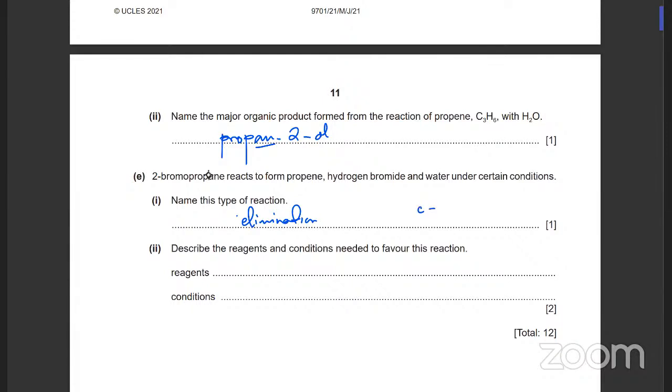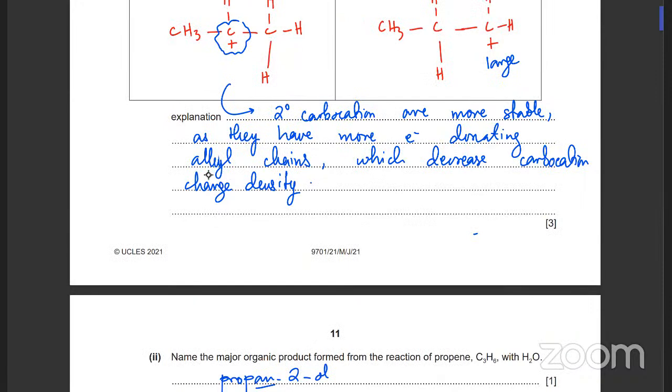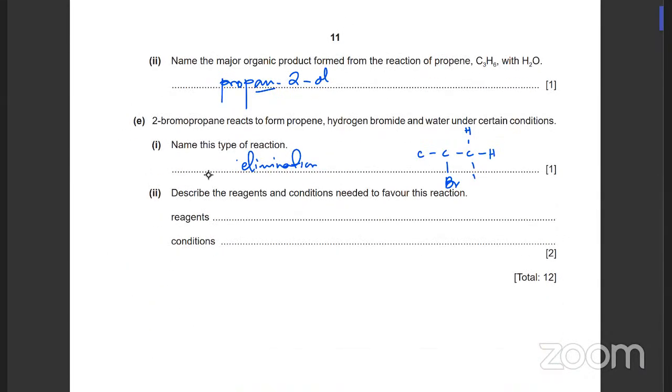I'll explain what the reaction is. 2-bromopropane. Propane is this one. 2-bromo means you got a bromine on the second carbon and you got all these H atoms. Now the reaction is that the bromine is going to leave and the H from the neighboring carbon atom would leave as well.